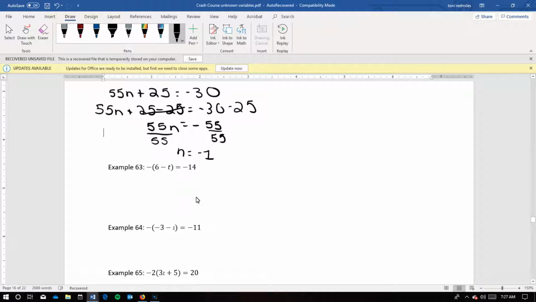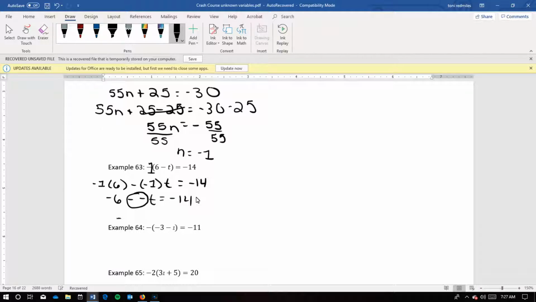Now when I just have a negative sign on the outside, remember that is a negative 1. It's an understood 1 there. So I actually have negative 1 times 6 minus negative 1 times t. Negative 1 times 6 is a negative 6. Negative 1 times t is a negative t. And I have a double negative. Two negatives here.